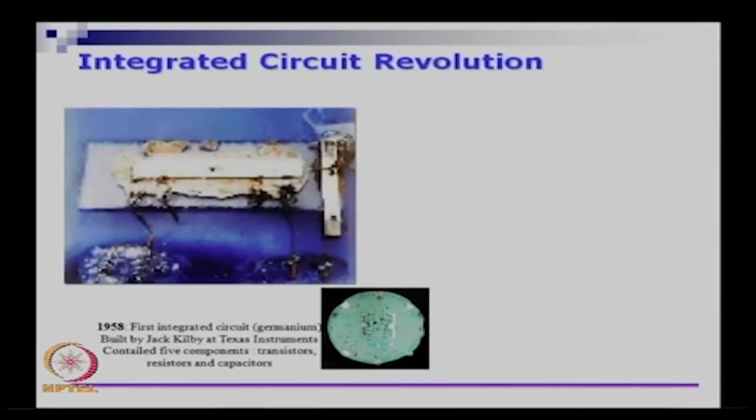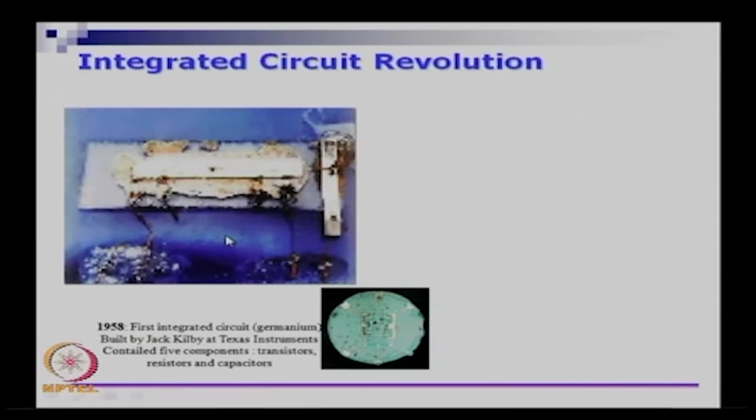So to understand how this huge jump from 1947 to 1997 happened, we need to understand what is called the integrated circuit revolution, or the IC revolution. So what you see here on the left side is the very first integrated circuit that was built, and it was built by this Nobel laureate Jack Kilby.